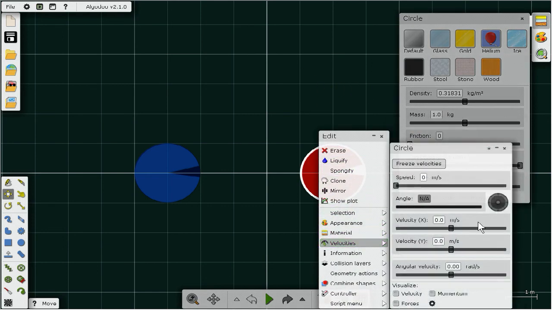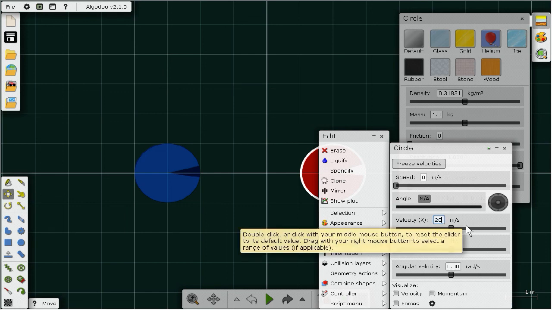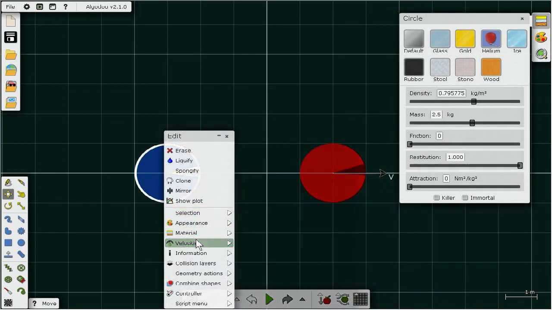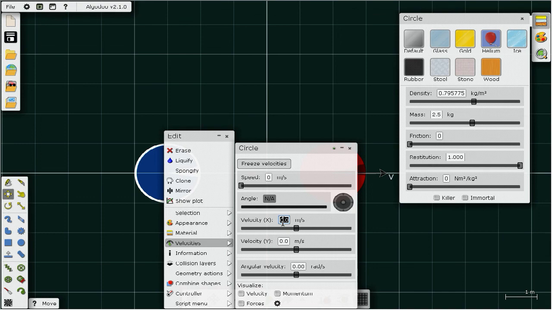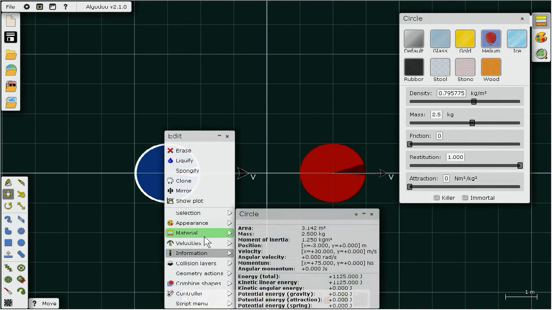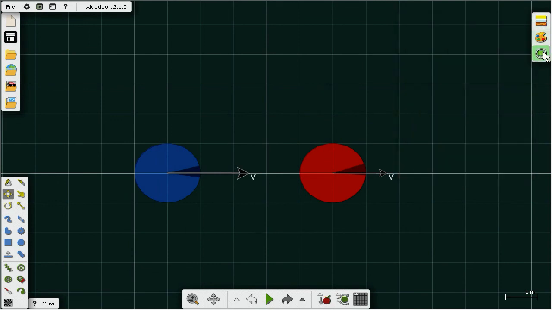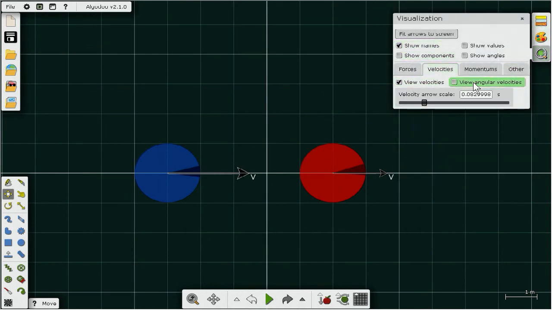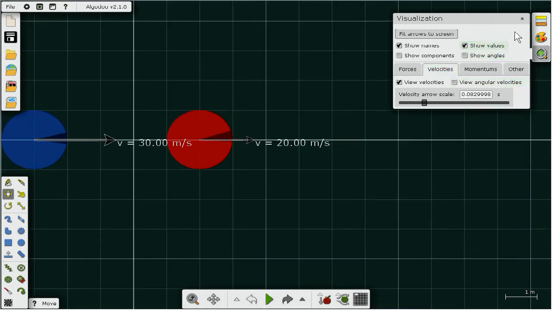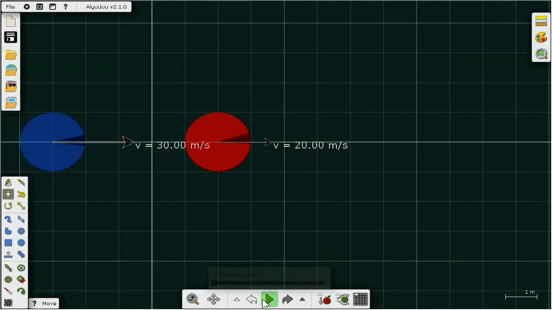And then the velocity of this should be initially 20, right? And this should be initially 30. And then, yep, velocity show values. So we could see the numbers. This is the only way to make sure.